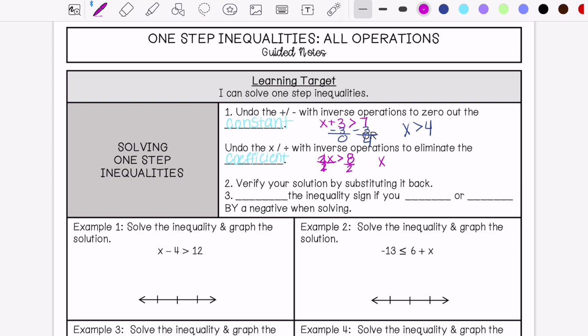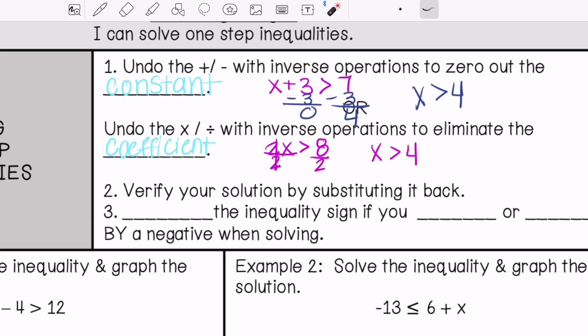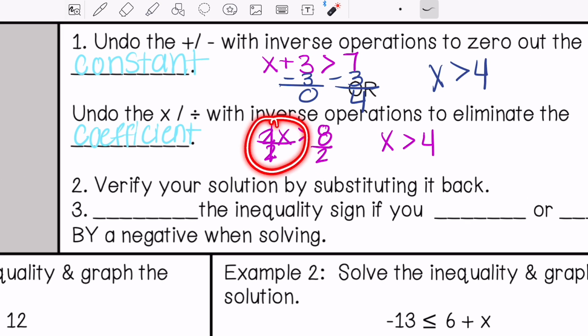So I get x is greater than 4. I like to go back and explain that the reason this works is you end up having 1x. 2 divided by 2 is 1. 1 times x equals x, just like 3 times 1 would equal 3. So that's why that works.